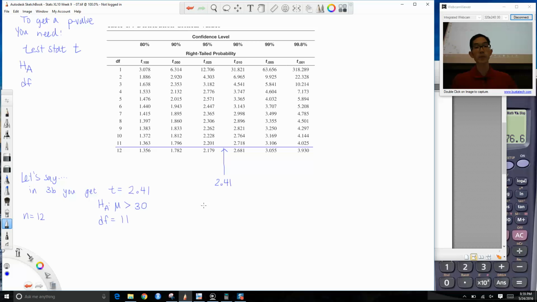And so what that means is I go to the top of the table and I see t 0.025 and t 0.010. That means the corresponding tail area is between 0.025 and 0.010.